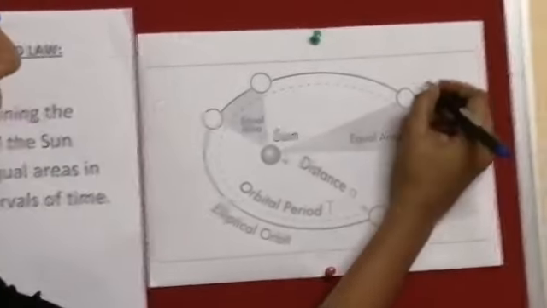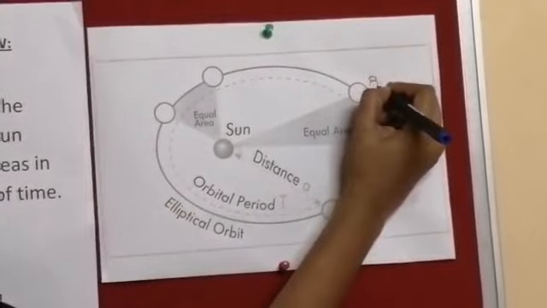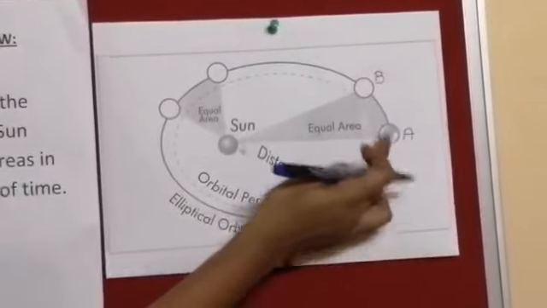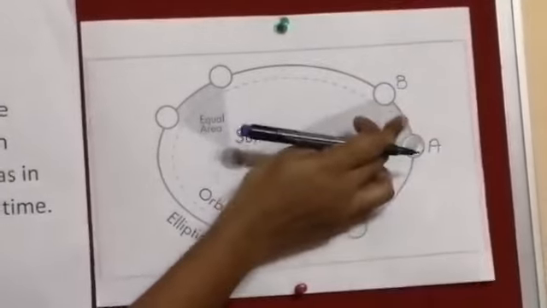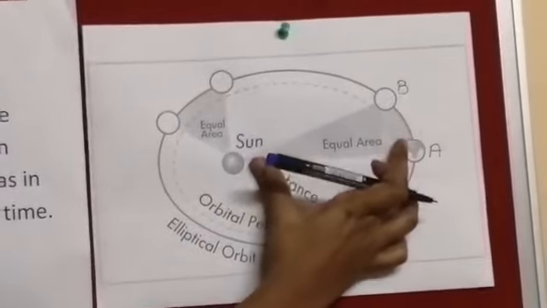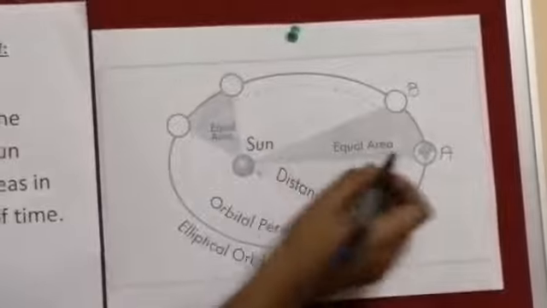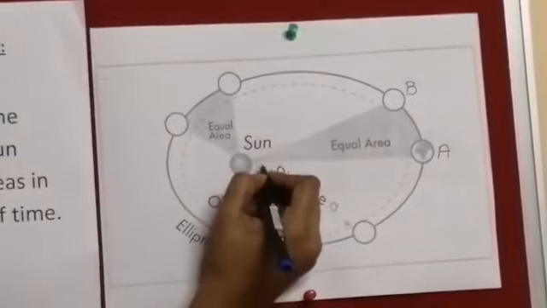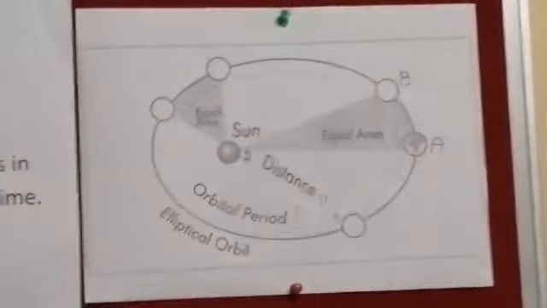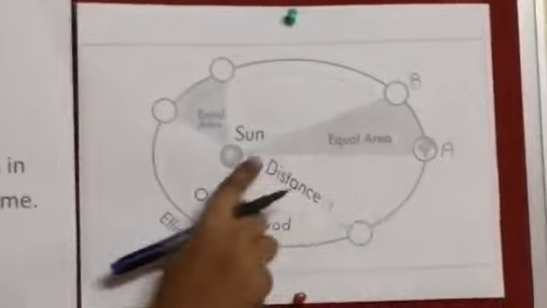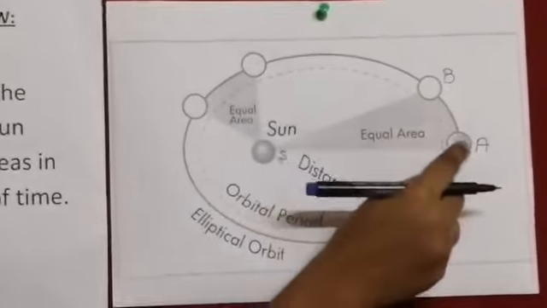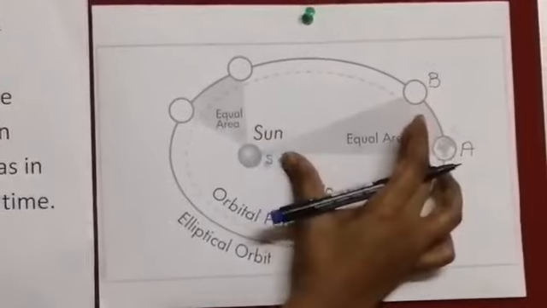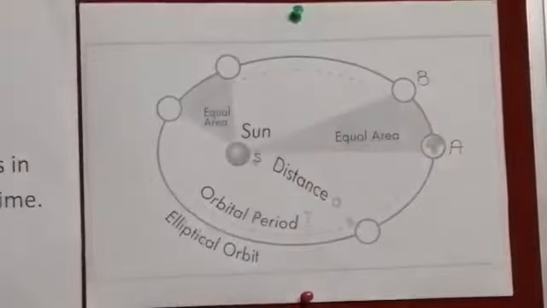After 10 minutes, the planet will travel to point B. While traveling from A to B within 10 minutes, it has traveled a certain distance and also covered a certain area. Now this is your sun over here, you can consider this point as S. If I join the lines AS and BS, you can see the area ASB is covered.